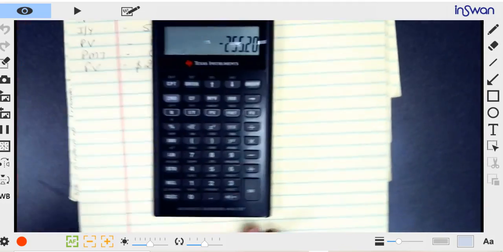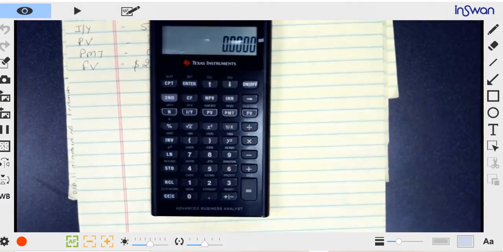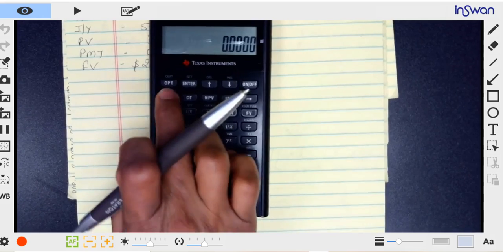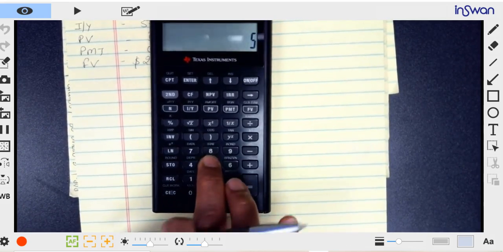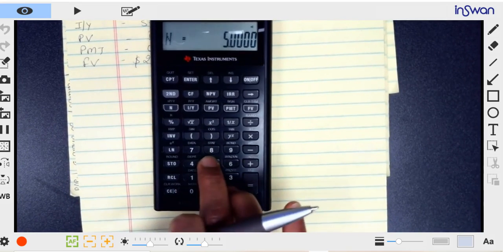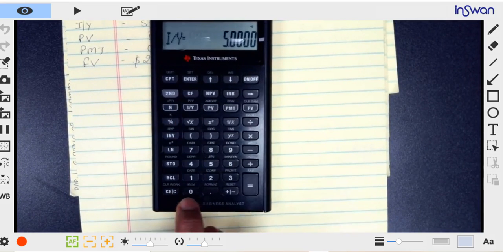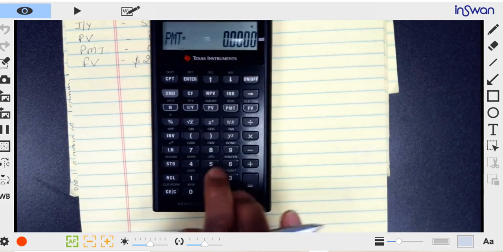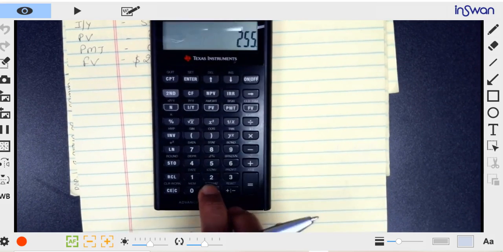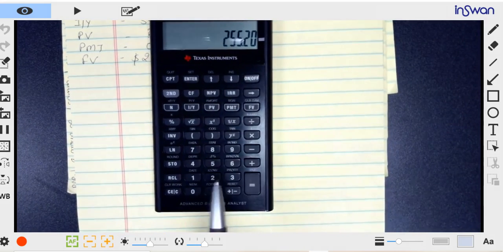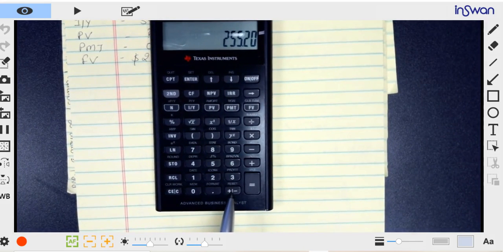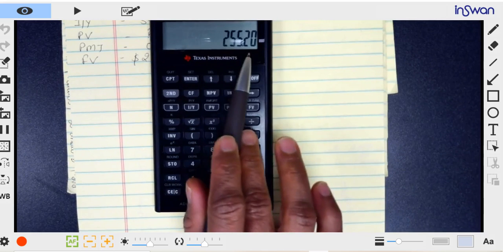Now it's better. So 5 is N, 5 is the interest rate, 0 is the payment, and the future value we can input as a negative number also. Right now it is a positive number.